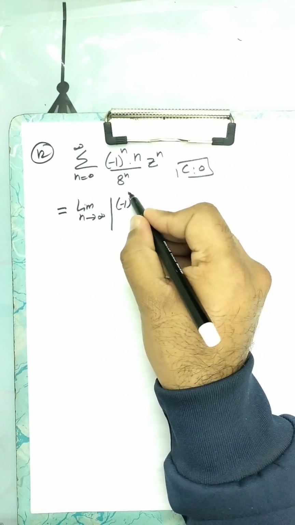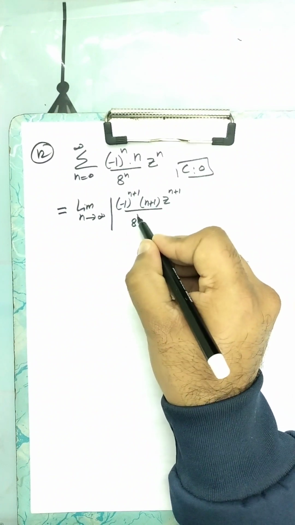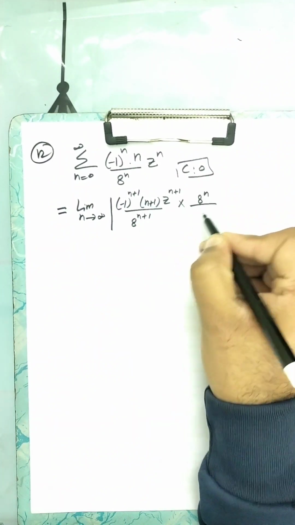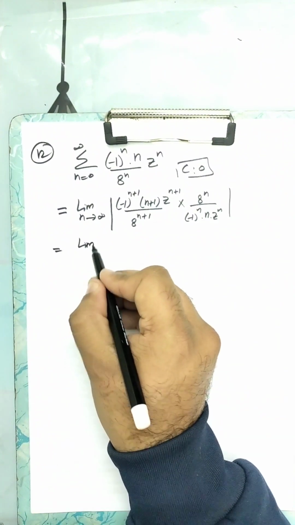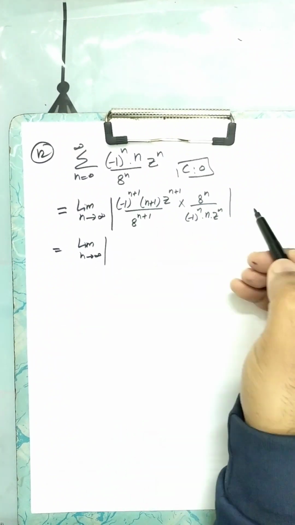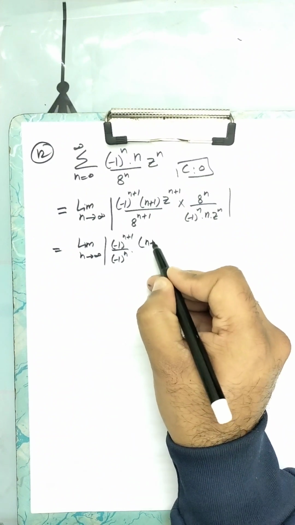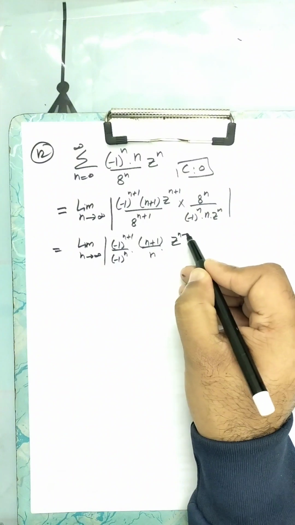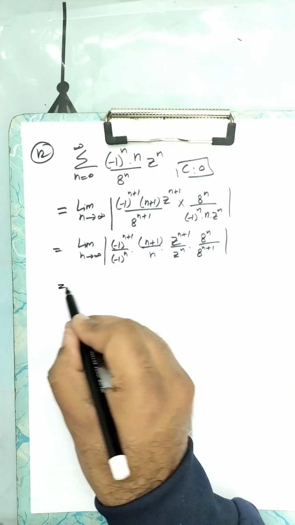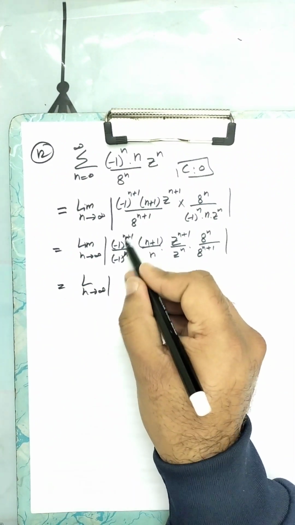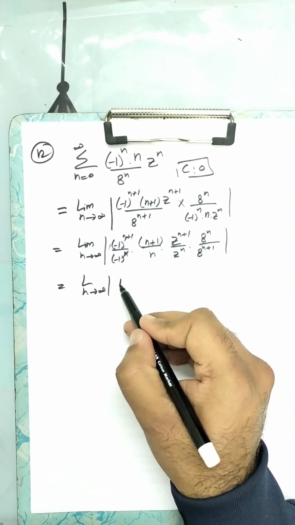So this becomes (-1)^(n+1) z^(n+1) over 8^(n+1) multiplied by 8^n over (-1)^n z^n. So this is the limit as n approaches infinity of (-1)^(n+1) over (-1)^n, times z^(n+1) over z^n, and 8^n over 8^(n+1). Solving this, the first factor becomes 1 because we take the absolute value, and here we use the L'Hopital rule, and this becomes 1.